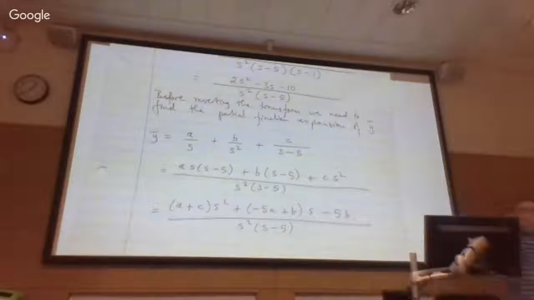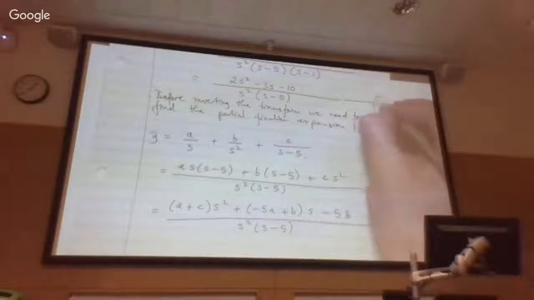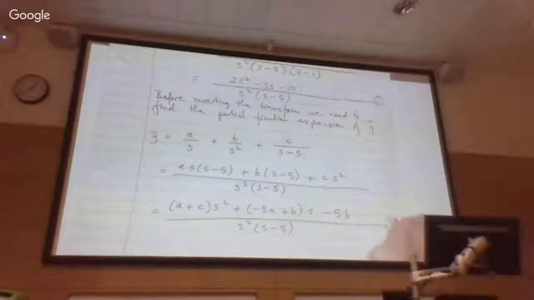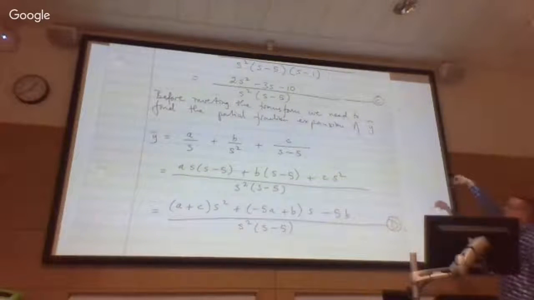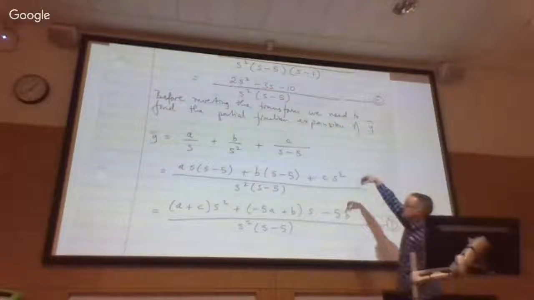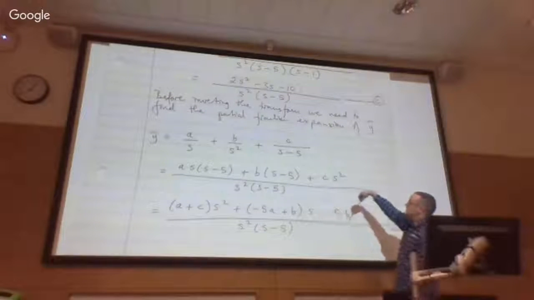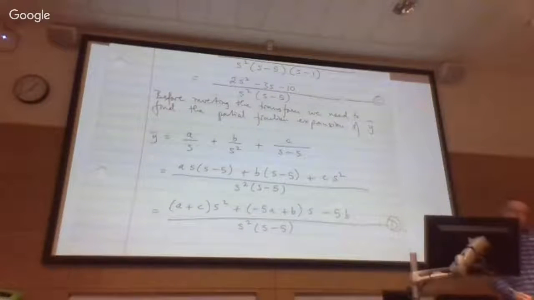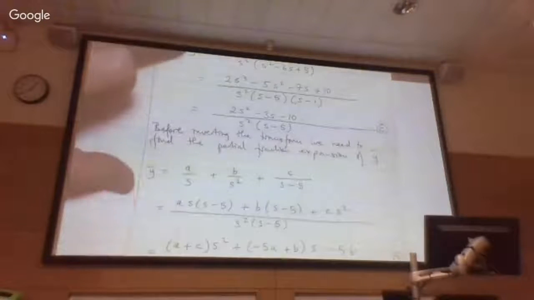Now I can compare it back to the original one here. So C and D are two fraction expressions, both of them over s squared, s minus 5. So the numerators must be equal. They're both equal to y bar.